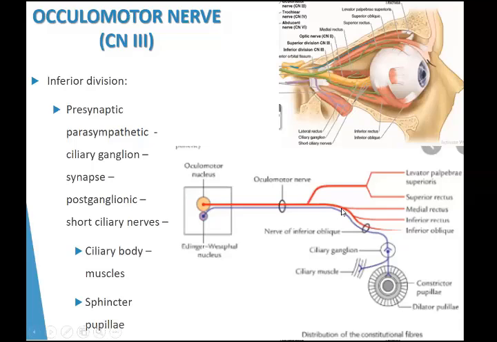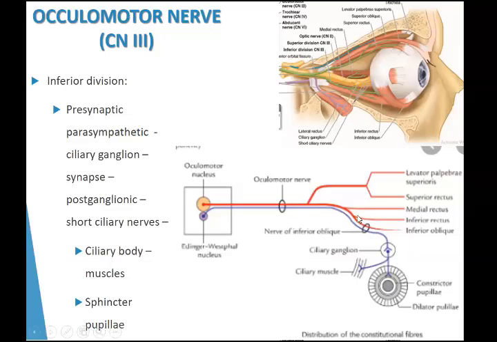and the inferior division. The parasympathetic fibers run with the inferior division. In the inferior division, the motor fibers supply the medial rectus, the inferior rectus and the inferior oblique. Red here is purely motor fibers; you can see the purely motor fibers arising and supplying all of this red.